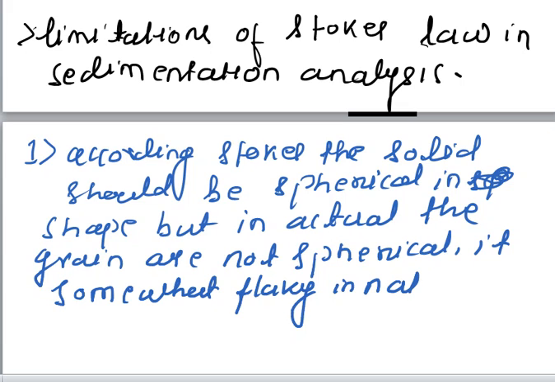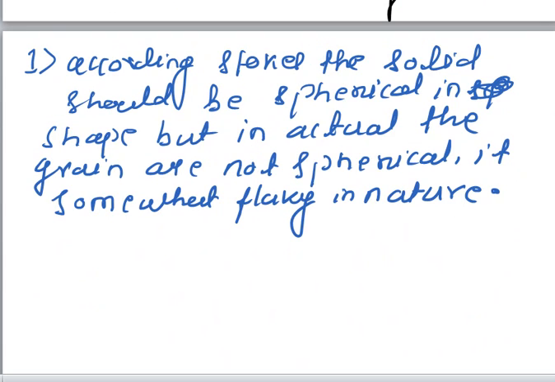What is flaky? Flaky means too thin, thinness. There are two classes, flaky and elongated. Elongated means too long, flaky means too thin.